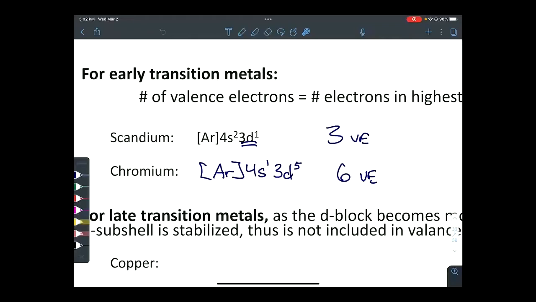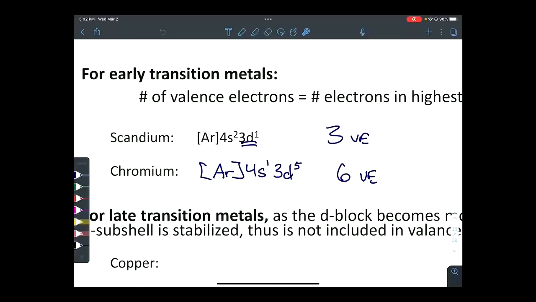For example, scandium, if you write out its electron configuration as 4s2 3d1, that D electron actually does count. The reasoning is that your 4s and your 3d subshells are so close in energy that we fill them up in the opposite order. And so as we're filling up a few of those D electrons, they're actually high in energy, and so we count them as valence electrons.